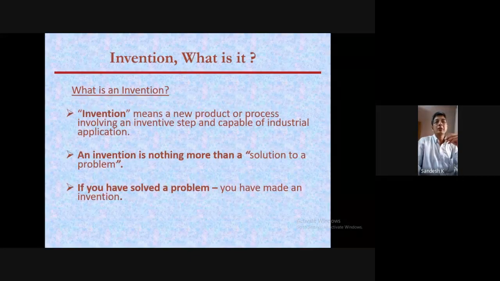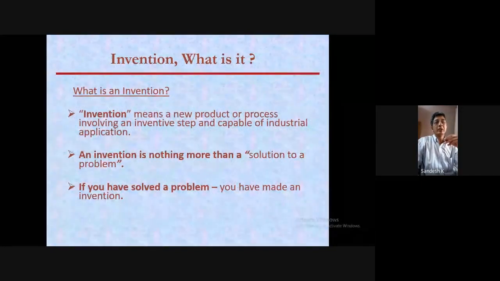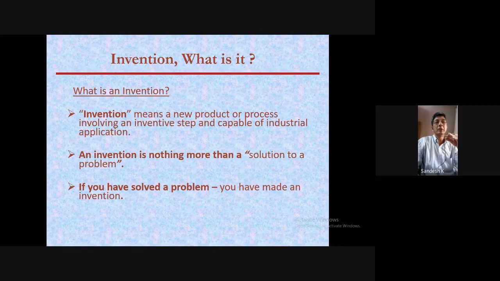Okay, next slide, please. Now we'll come to one of the important aspects of this session today. When we develop a new product or process involving an inventive step, understand this inventive step, and it is capable of industrial application.